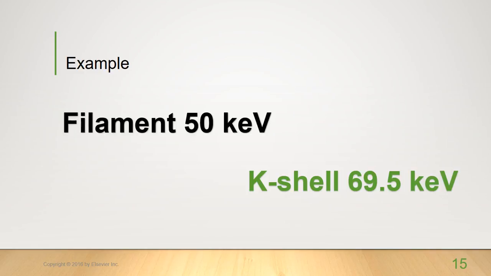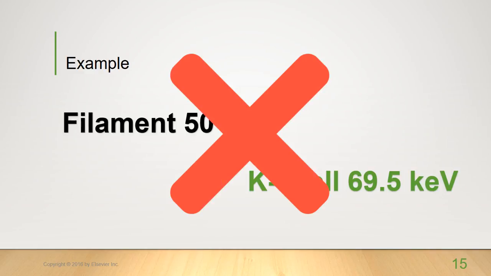So if the filament electron comes and hits the target, and the K-shell has 69.5 because it's tungsten, that means there is not enough energy to remove it. All it's going to do is produce heat. Nothing gets bumped out of its orbital shell. So know that your filament electron has to be created. How do we create that? We use techniques, and we'll talk about that in just a second. So that's how characteristic radiation occurs at the target.